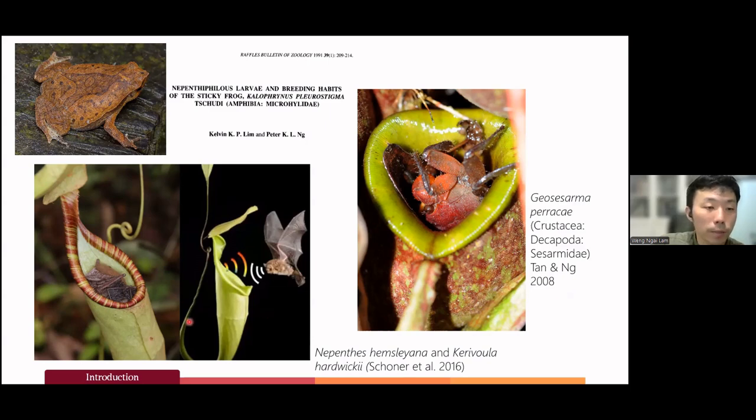All three examples here, even the bat, which is a very well-known inhabitant of Nepenthes hamata, it roosts elsewhere. If Nepenthes hamata goes extinct, the bat will not go extinct. So I'm not going to be talking about these facultative mutualists. I'm going to be focusing today on Nepentibionts, species that are so specialized on pitchers that they will not live and breed anywhere else. So, inquiline diversity.